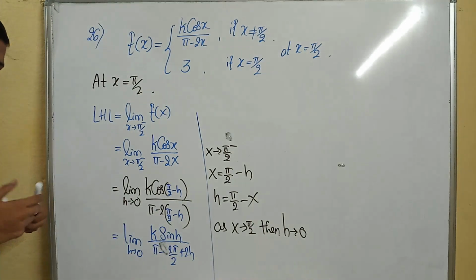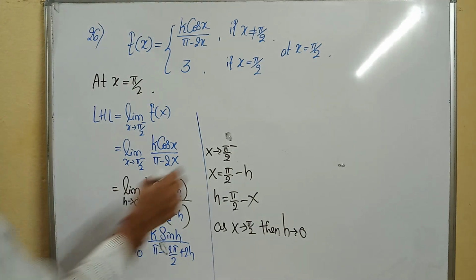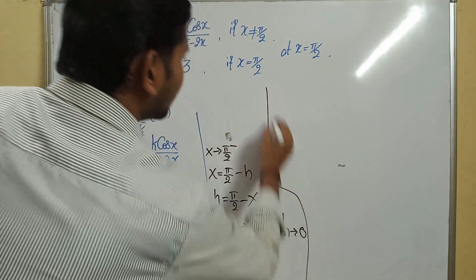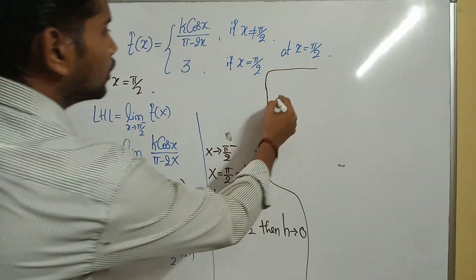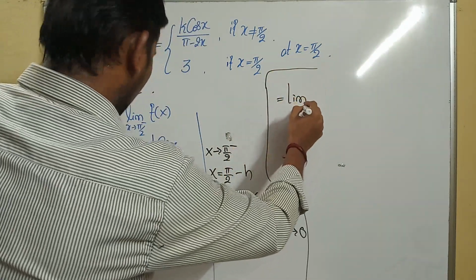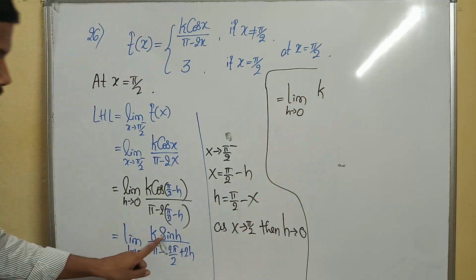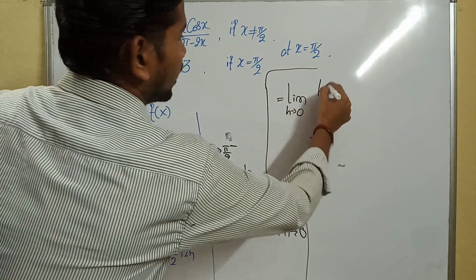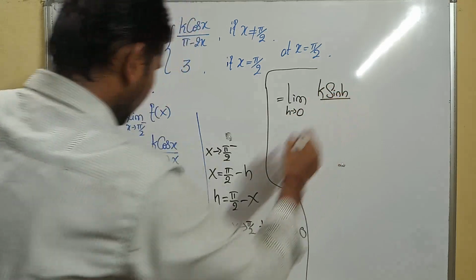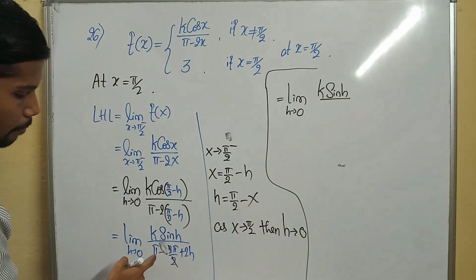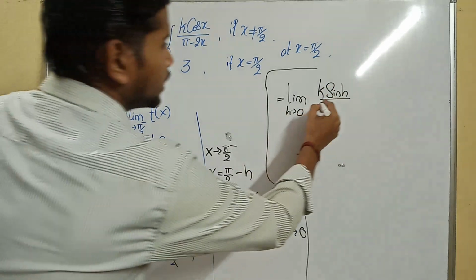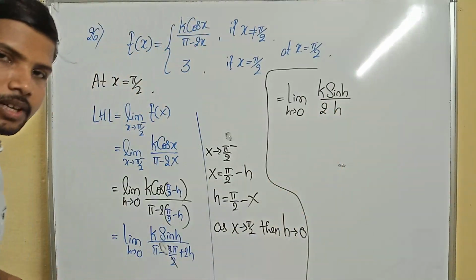Whether you understood properly? Then after this one I'd like to continue the part here. It will be limit of h tending to 0. Let it be k as it is. Sin h as it is. Now denominator 2 to cancel, plus pi minus pi cancelled. What is remaining? 2h. Got it?